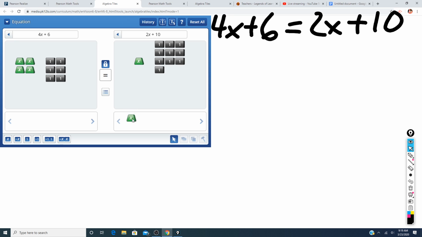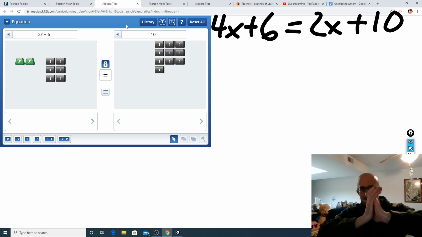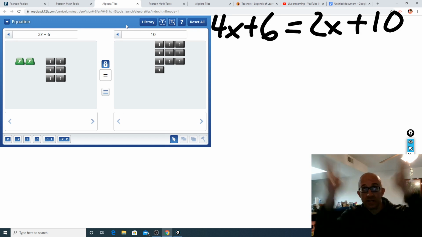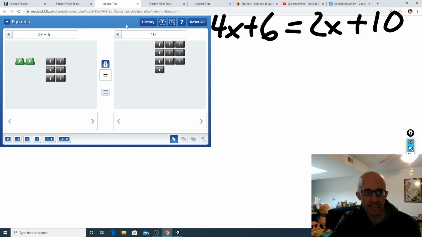Click and drag the 2x's down, and then click and drag 2x's down here as well. And you'll see that they magically disappear, like a LeBron thing there.